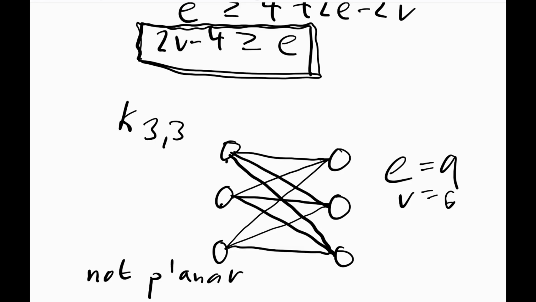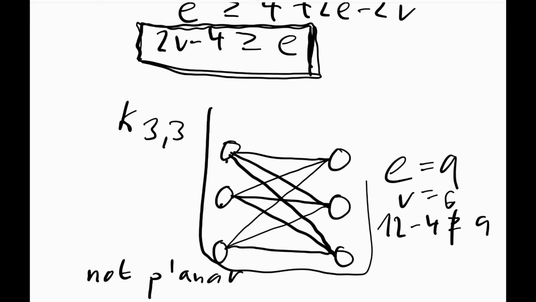By the inequality above, we have 12 minus 4 bigger than or equal to 9. That doesn't hold, so this graph is not planar. That could also be used for proving such a statement.